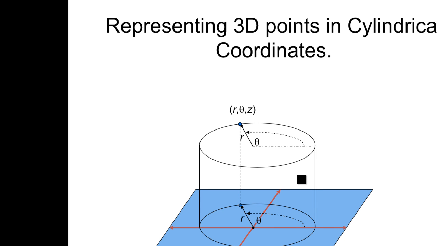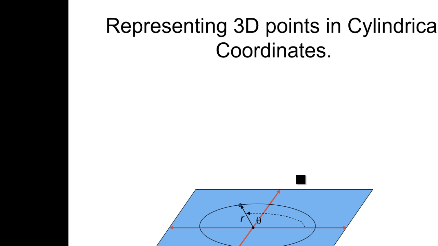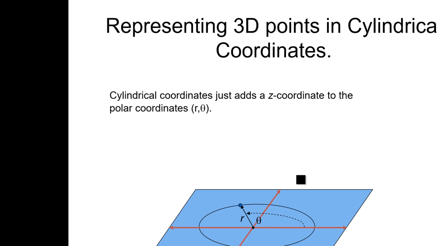So this cylindrical coordinate is basically the representation of polar coordinates, but it has an extra z coordinate, that's all. So see here, if I add one z to this polar representation, it will become a cylindrical coordinate.